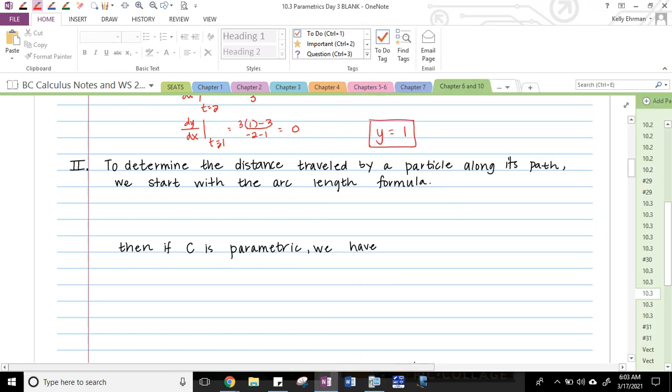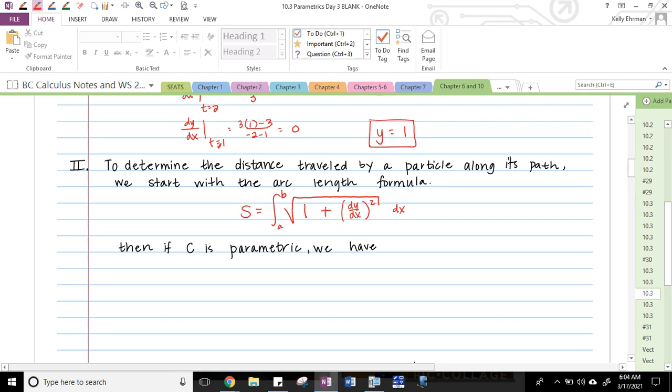The arc length formula that we had before, from chapter 7.4, I think, was s equals the integral from a to b of the square root of 1 plus dy dx squared dx.